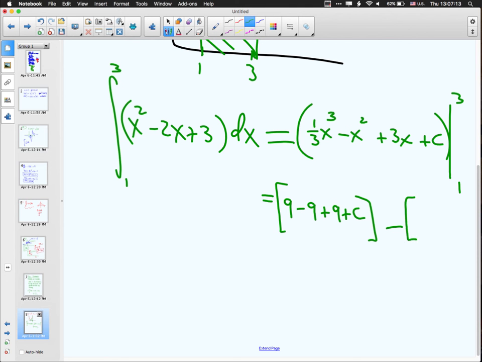What happens when you stick in a 1? Well, what are we getting here?